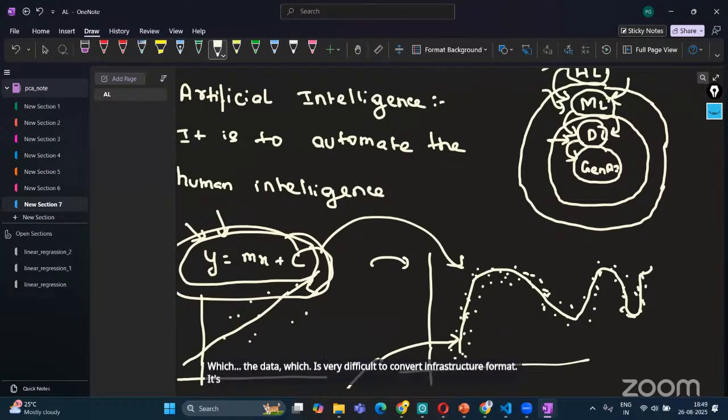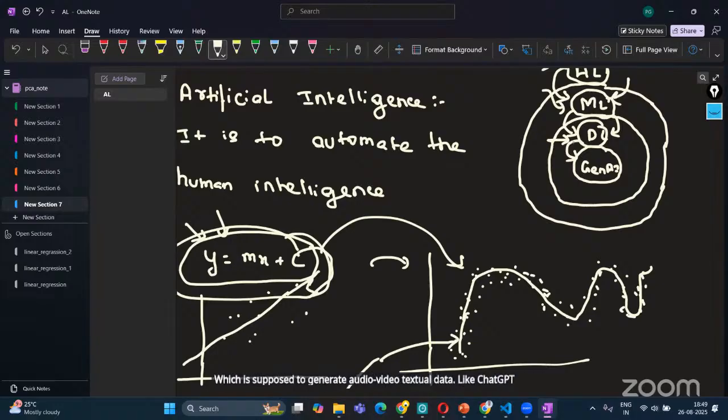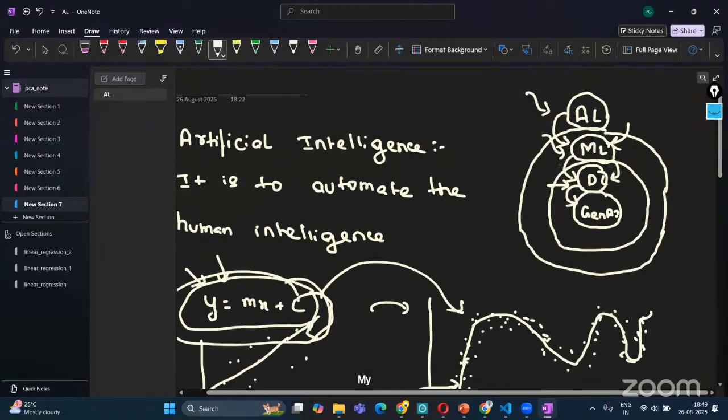It's very difficult to convert a video into structured format. And inside the umbrella of deep learning, we have Gen AI, which is used to generate audio, video, or textual data, like ChatGPT. ChatGPT helps us in generating audio, video, image, or text data.